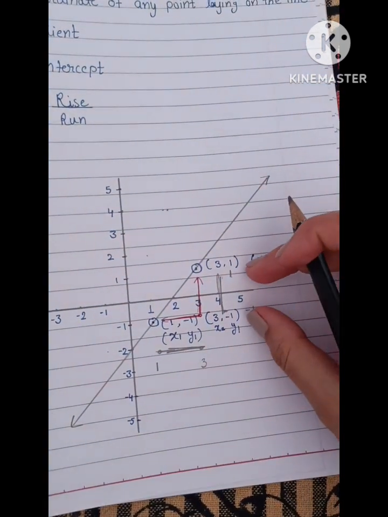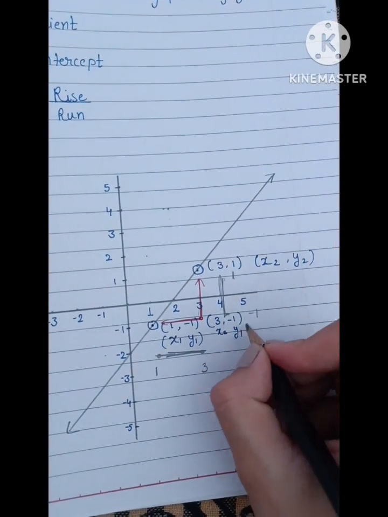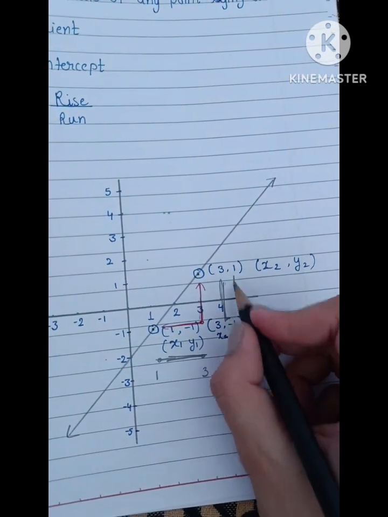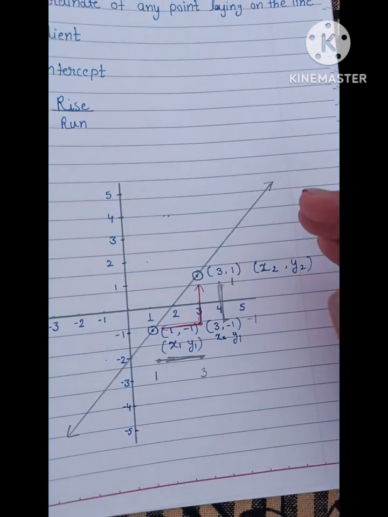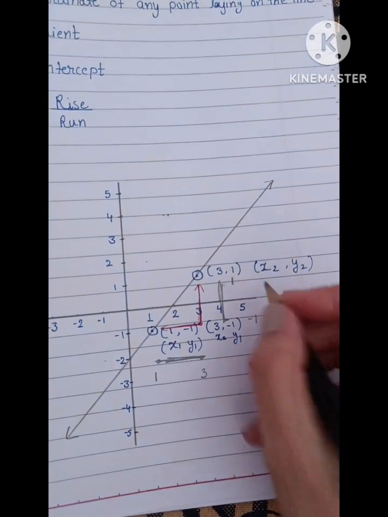Now the distance between these two, if I want to write it, would be y2 minus y1. From here to here we are finding the difference. Whichever is the second point, you go from there towards the origin.